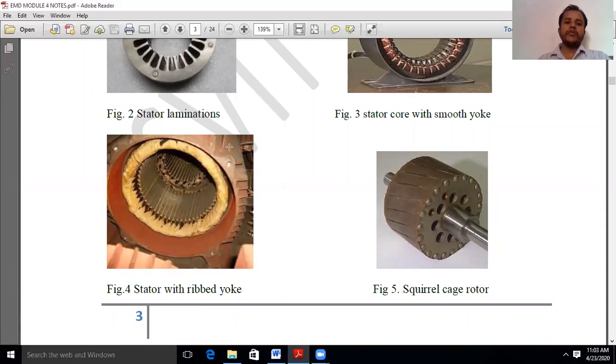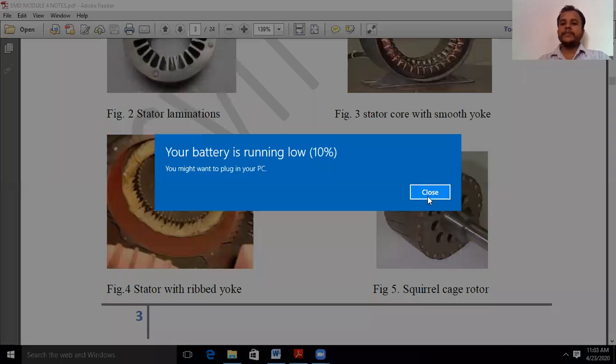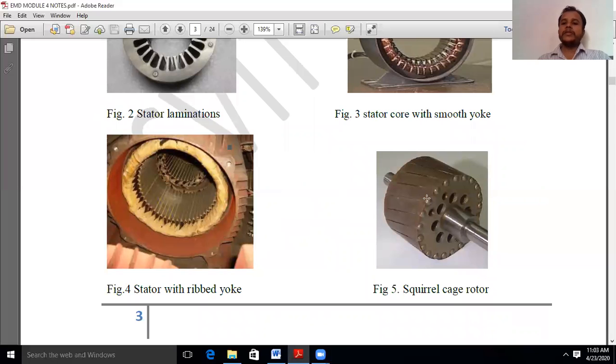The outermost part we are seeing is ribbed, or somewhat rugged in construction. The inside part is the stator and outside is the yoke. And this is the rotor, a squirrel cage rotor, where the rotor bars are shorted at the ends.